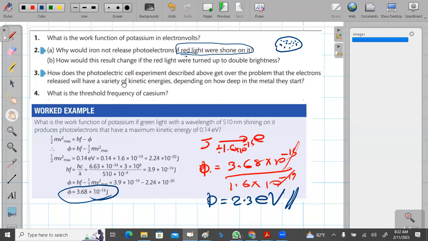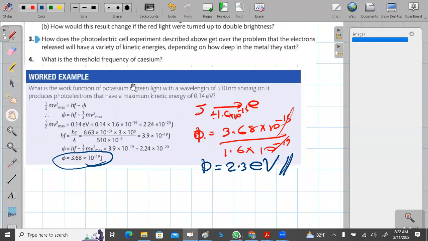How does the photoelectric cell experiment get over the problem that the electrons released will have a variety of kinetic energies depending on how deep in the metal they start? Because for the same frequency you may get different work functions.